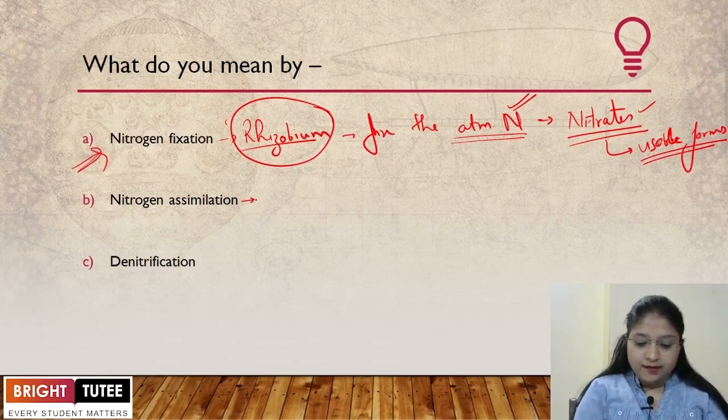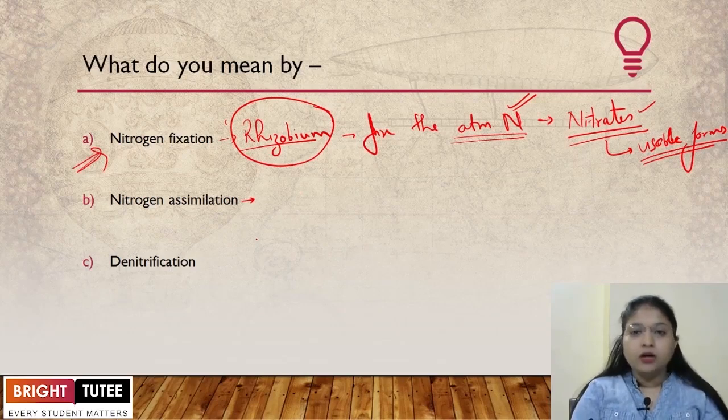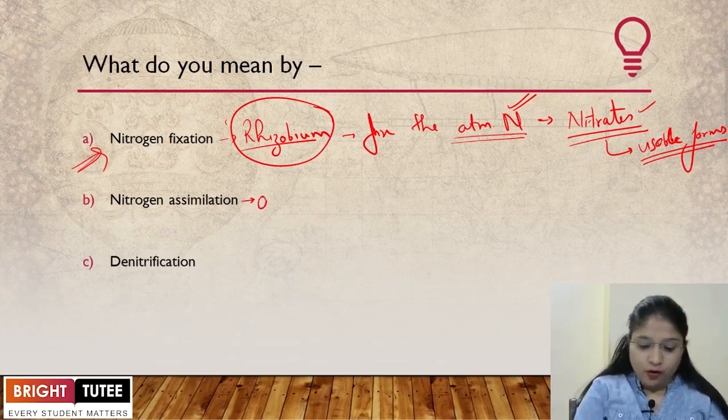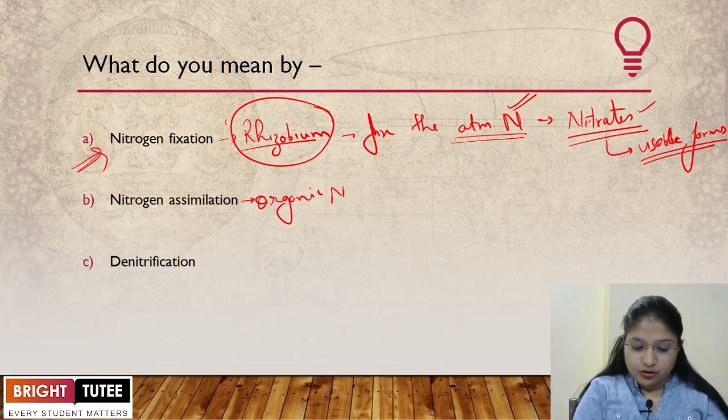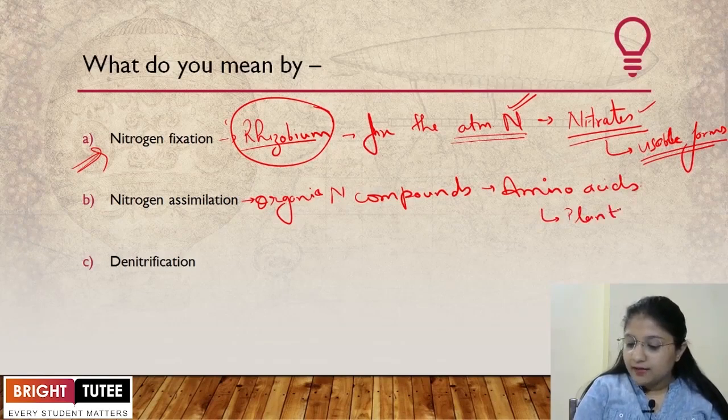Then next is nitrogen assimilation. What do we understand by this term? After the formation of organic nitrogen compounds, now what are these nitrogen compounds? These are amino acids. These amino acids are utilized by the plants as well as by the animals.